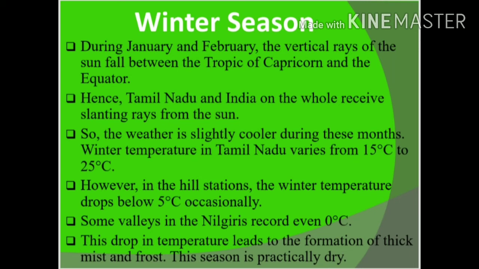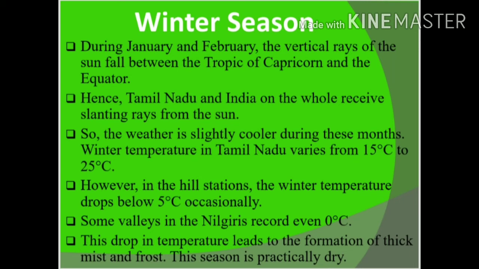The temperature of Tamil Nadu varies from 15 degrees Celsius to 25 degrees Celsius in the land area. In the same way, in the hill stations of Ooty and Kodaikanal, the winter temperature drops below 5 degrees Celsius occasionally, and some valleys in the Nilgiris record 0 degrees Celsius. So in the winter, in the hill stations, the temperature will be below 0 degrees also.